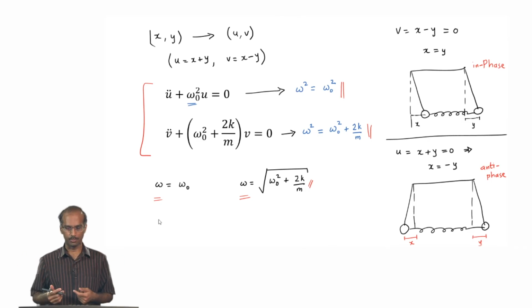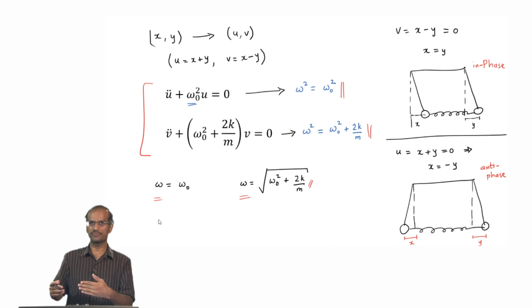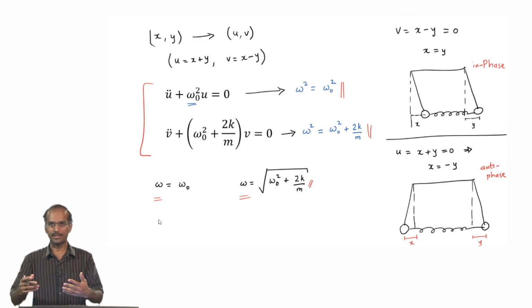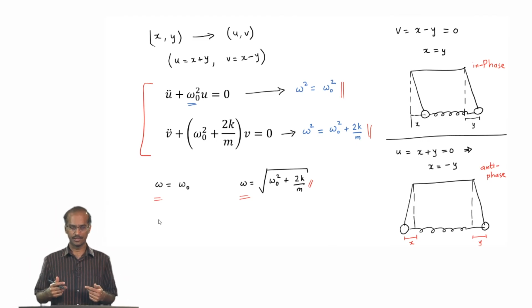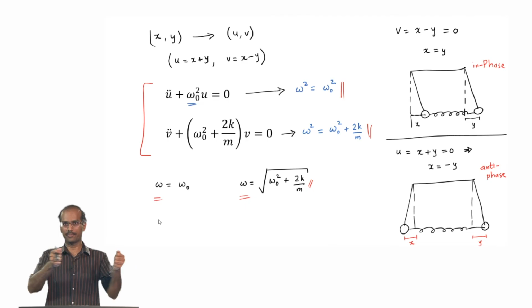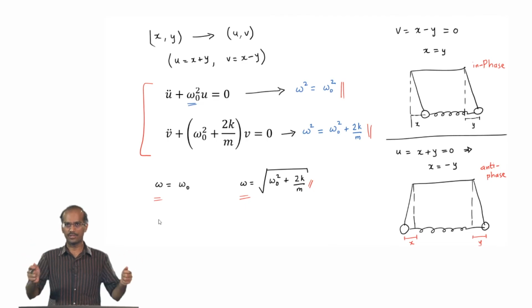So, there are two normal modes, and corresponding to each pattern of oscillation that it exhibits, you have two frequencies. One pattern is where both of them are in phase like this, and the other one is where they oscillate like this, they maintain a phase difference of pi.